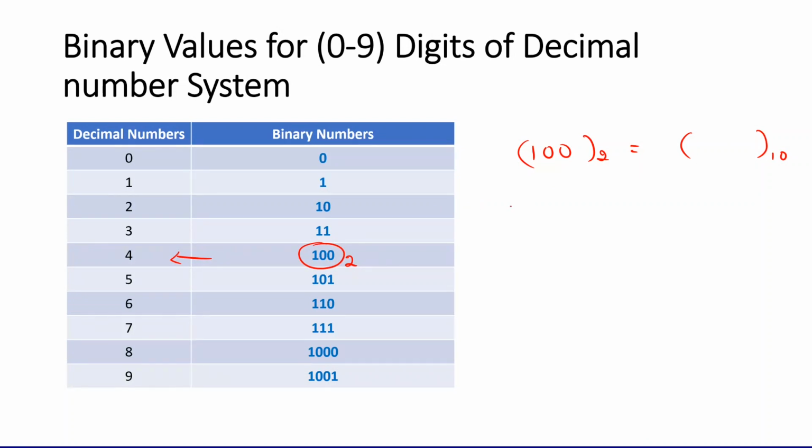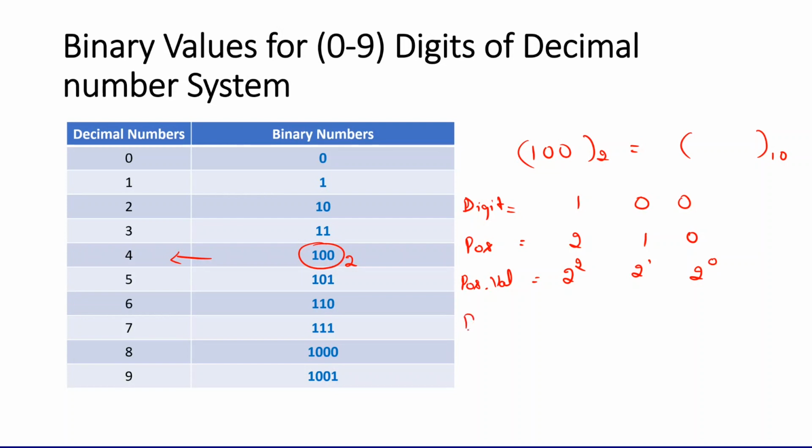How can we do that? The digits are 0 0 1, correct? Then the positions are 0, 1, 2. The position value in the number system is 2 to the power of 0, 2 to the power of 1, 2 to the power of 2.